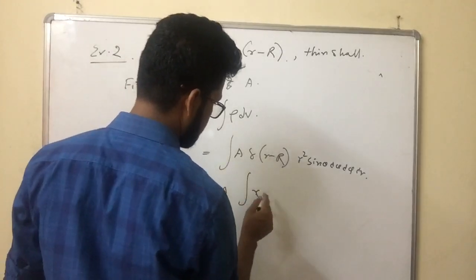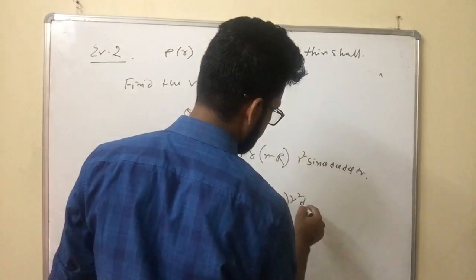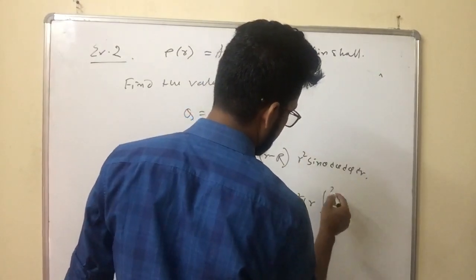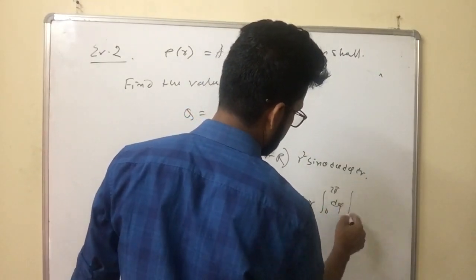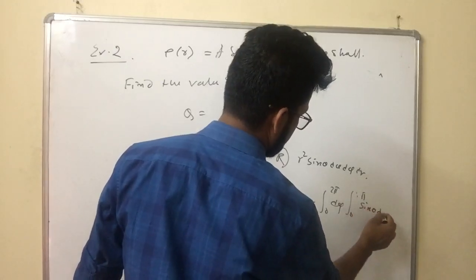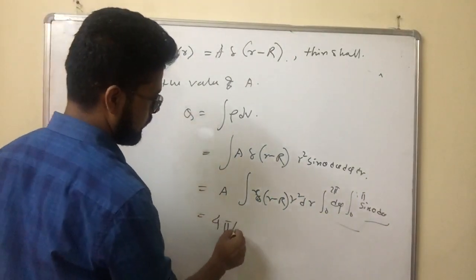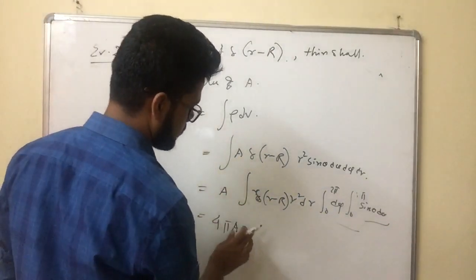Integral delta of r minus R, r square dr. The angular part is independent: 0 to 2 pi, and sin theta d theta gives 2, so you will get 4 pi a. This is R square, capital R.